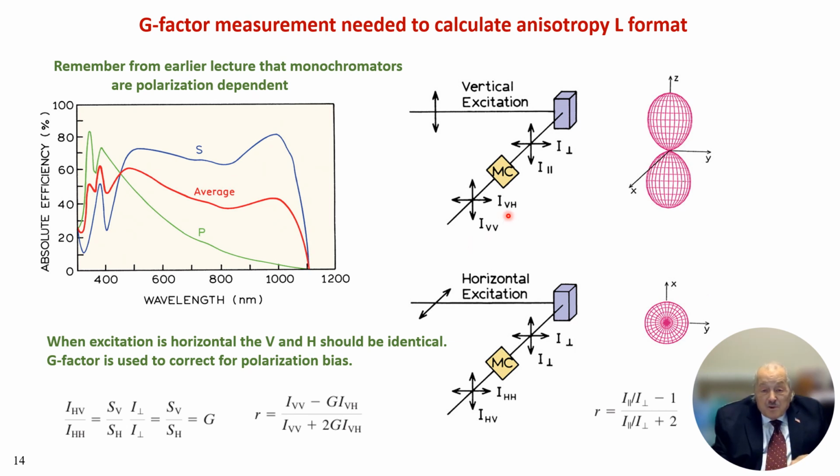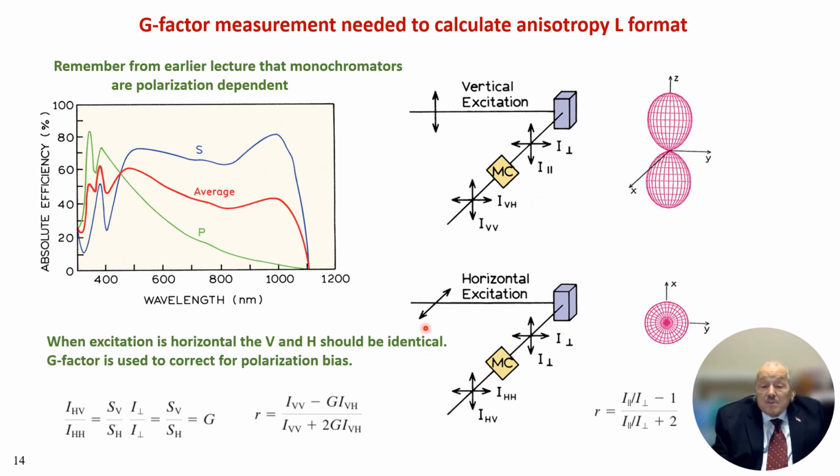By the way, the first letter is meant to be the excitation side. The second letter is meant to be the emission side. This is easily taken care of in this type of experiment, which we call an L format, because there's just one side to the experiment.